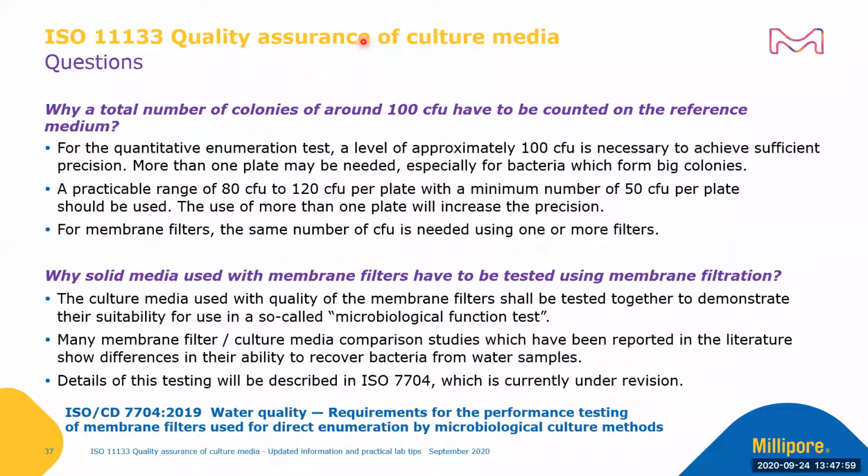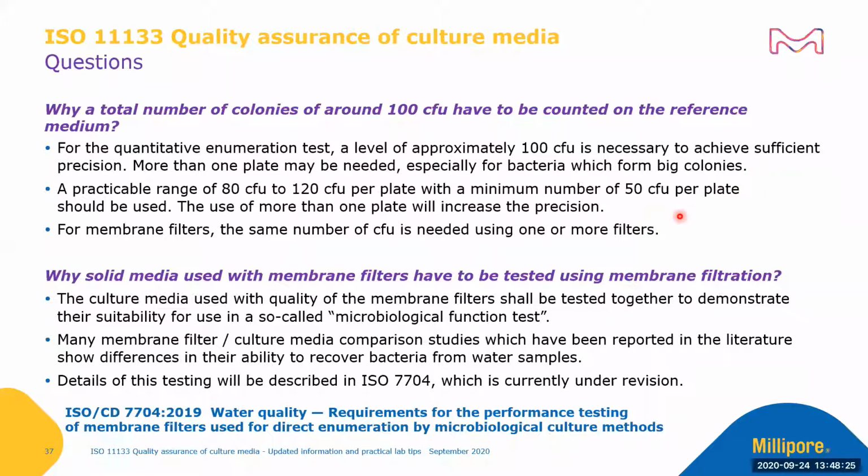Why should a total number of colonies of around 100 CFU be counted on the reference medium? For the quantitative enumeration test, a level of approximately 100 CFU is necessary to achieve sufficient precision. For this, one or more plates may be needed. More than one plate may be needed, especially for bacteria which form big colonies.